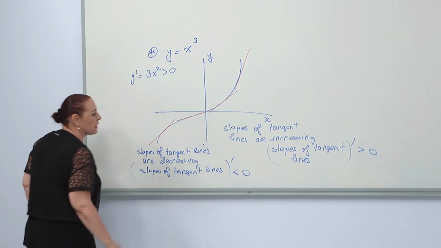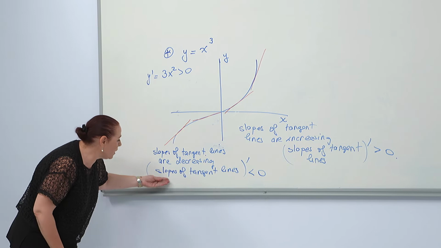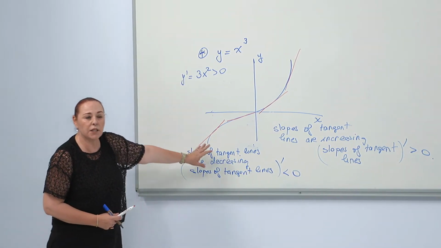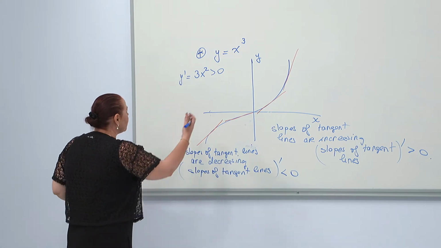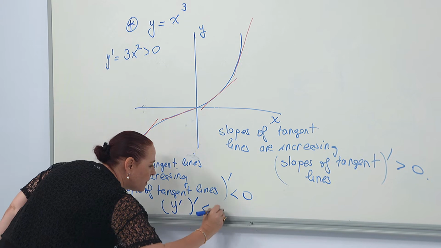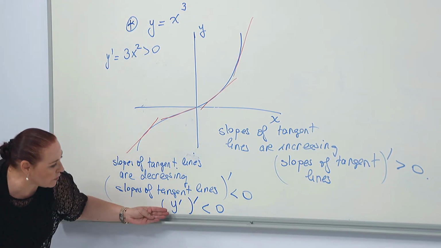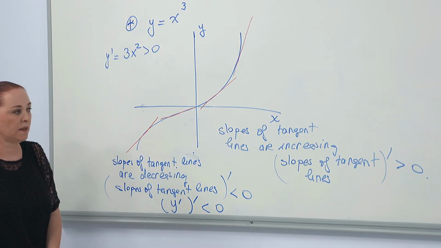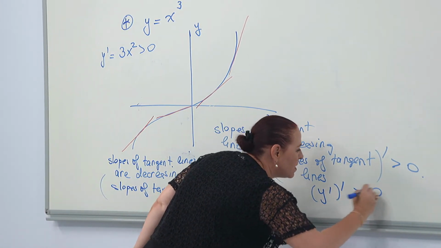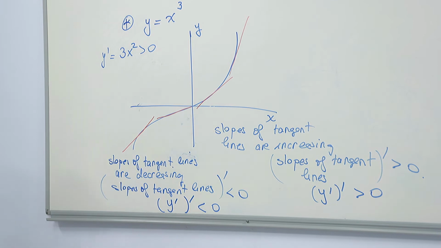We know that the slopes of tangent lines are in a relationship with the first derivative of a function. So we know that here the derivative of the derivative is negative. Here, the derivative of the derivative is positive.